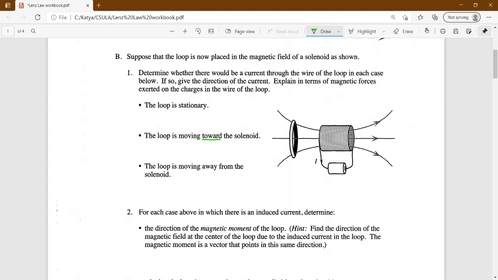But if we move the loop towards the solenoid this way, we are going to have these 3 lines inside of the loop, and maybe more lines which are coming out of the solenoid, which are not drawn over here, but they are going to be, because the field is more concentrated where the lines are closer to each other. So you see that the field is not uniform.